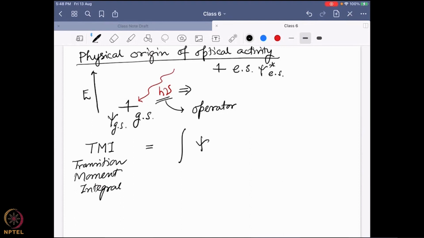So it goes to the excited state with the help of the operator from the ground state, over a small volume d tau, and I am covering it from negative infinity to plus infinity, all the possible space. That covers the overall possibility of this transition. And previously when we discussed, this operator is nothing but the dipole moment operator.